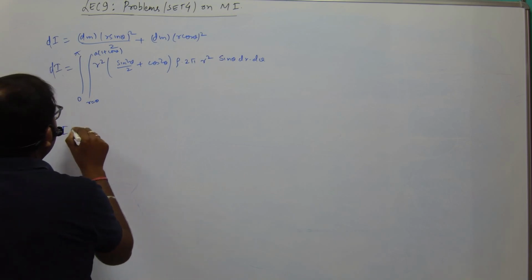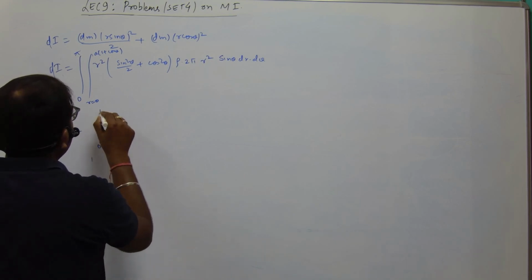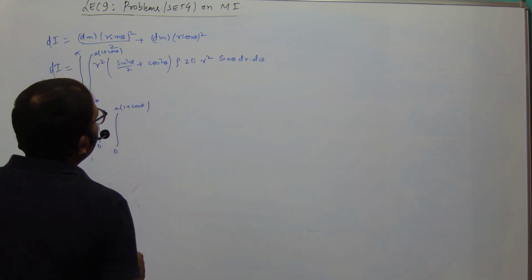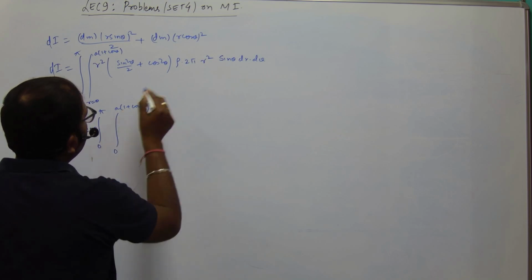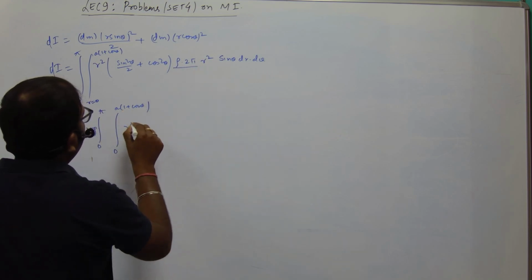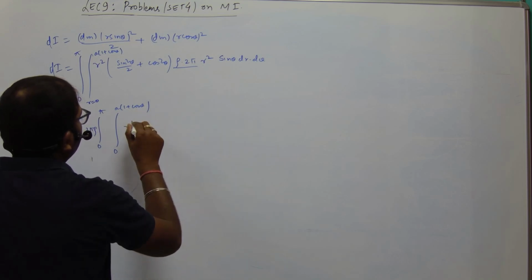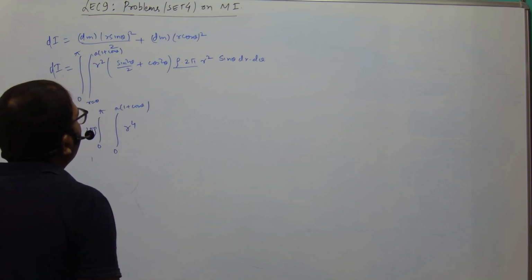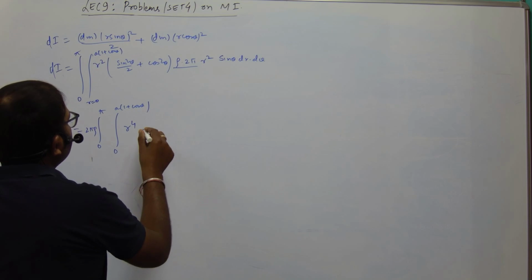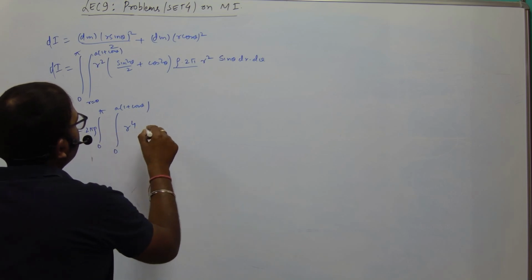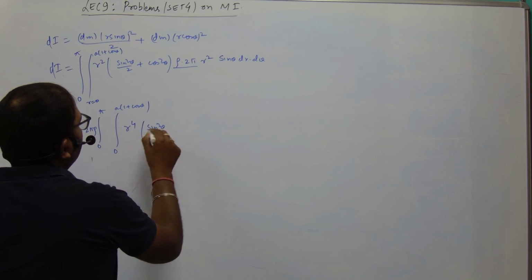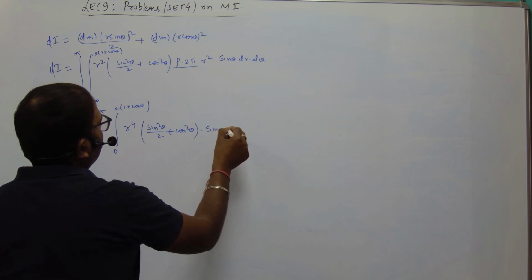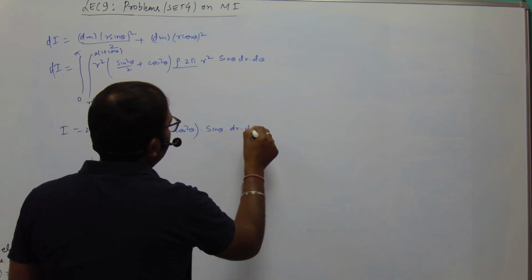So we have I is equal to the integral from 0 to pi, and r from 0 to a(1 plus cos theta). Let us take 2 pi rho outside. So this is 2 pi rho, and we have r square and r square, this is r4, and we have (sin square theta upon 2 plus cos square theta) into sin theta into dr d theta.